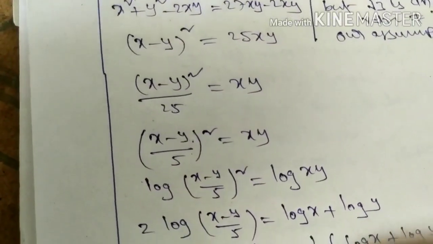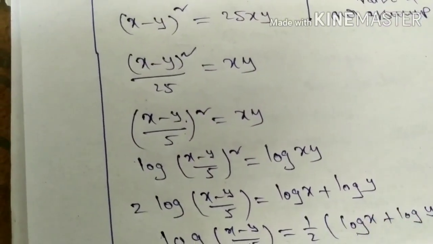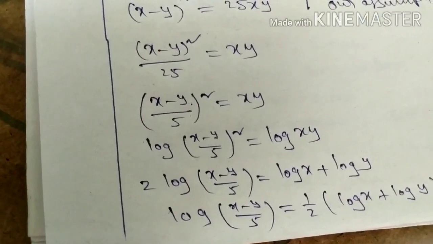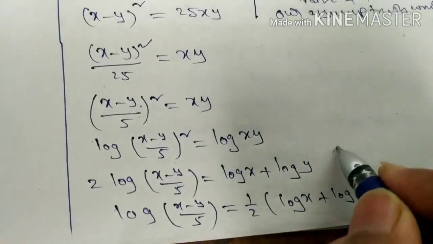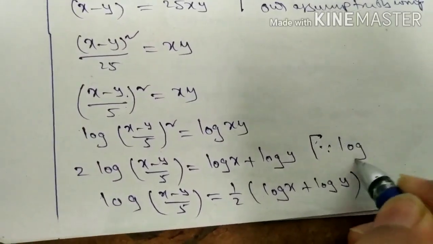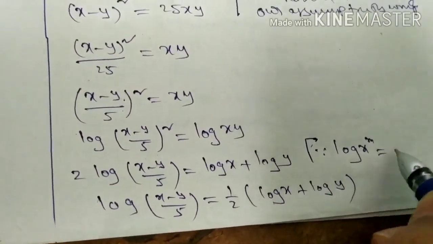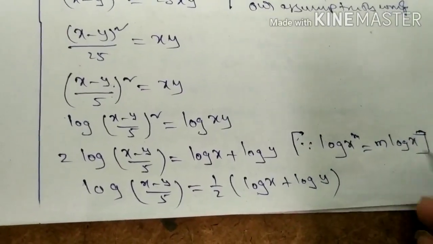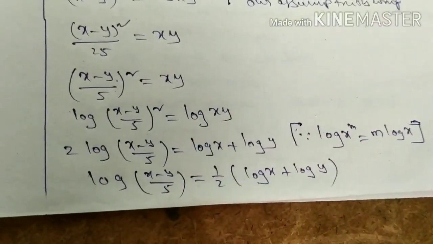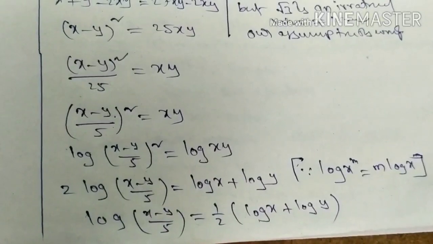Log of ((x minus y) by 5) whole square is equal to log xy. On both sides, the 2 comes to the front according to the formula: log x to the power of n is n log x. So this is the formula, and we'll get this answer easily.